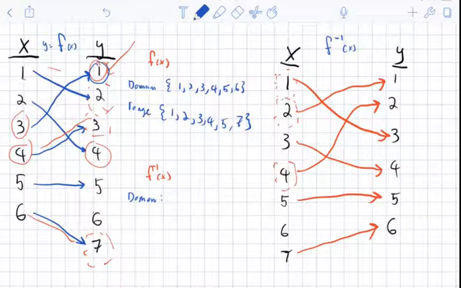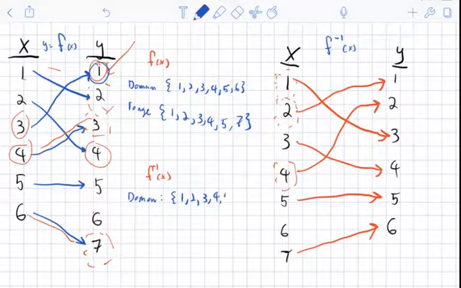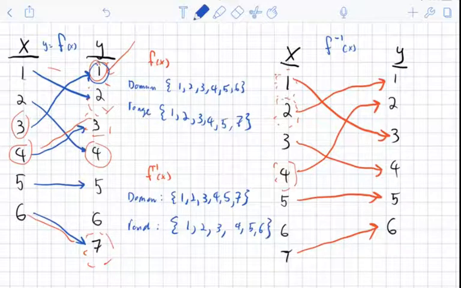So the domain is 1, 2, 3, 4, 5, 7, which are plugged into arrows, and here are all the arrows that are led to: 1, 2, 3, 4, 5, 6. Okay? So it's helpful to think about these things when you're writing out your arrow diagrams. Essentially, you just draw it out.